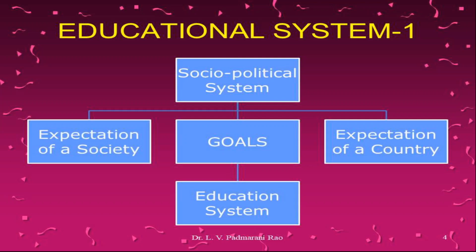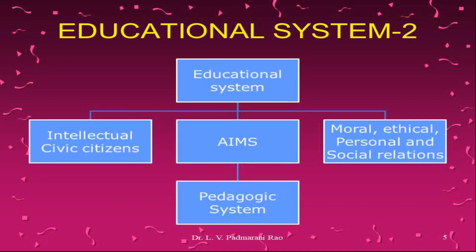As a result of this, the education system, which is the second module, is developed. This second module is designed according to the goals. The goals decided by the Constitution can be achieved by the members of the same system. The people in the system should be equipped with certain intellectual, moral, ethical traits so as to achieve the goals.